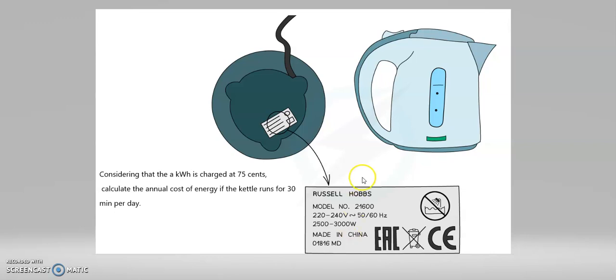Hi there. In this video, we are going to look at how we can calculate the cost of electric energy per year, per day, or per month. So here we have an electric kettle, and usually on electrical devices, you can find a label like this with lots of information.